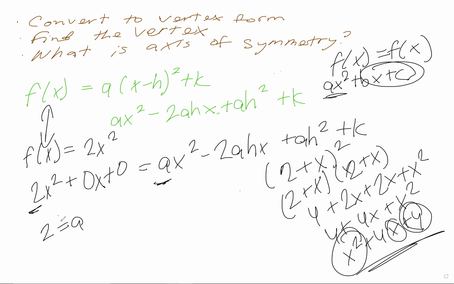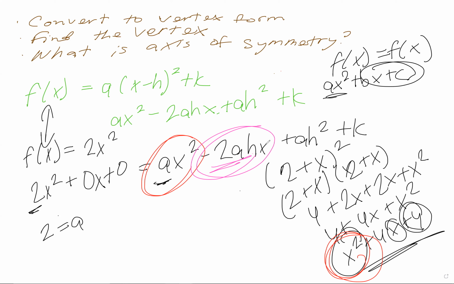Oh, okay. And you're asking, why did I set 2 equal to a? Because if I use colors, the x squared is like this, right? This, because everything with negative 2ah is in front of the x, is the second term.